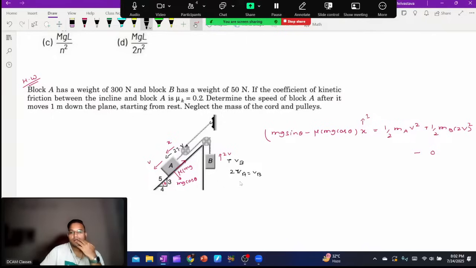Now we have to substitute the values. That's why I have taken V and 2V. Just substitute the values and get the answer. I didn't take 2v square, that's why I got my answer wrong. Be careful. That's why I gave this kind of question. The answer you should get is 1.12 meter per second. Yes.